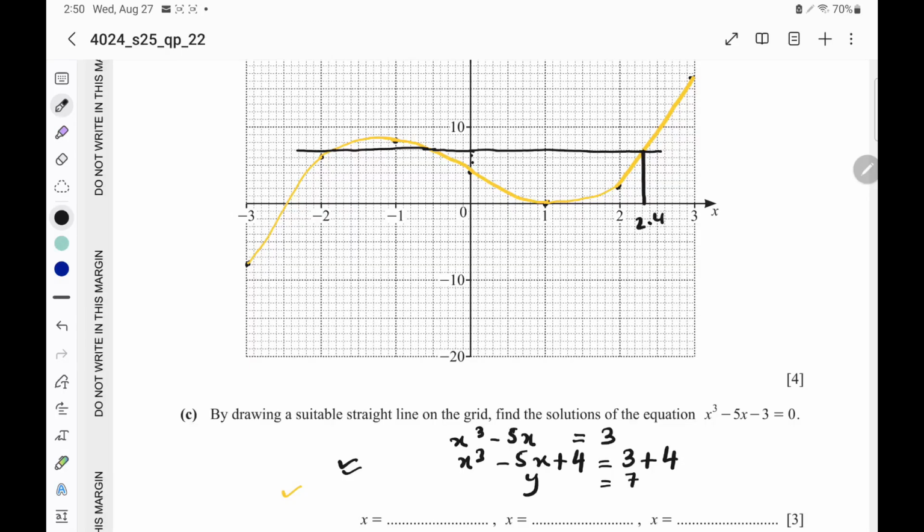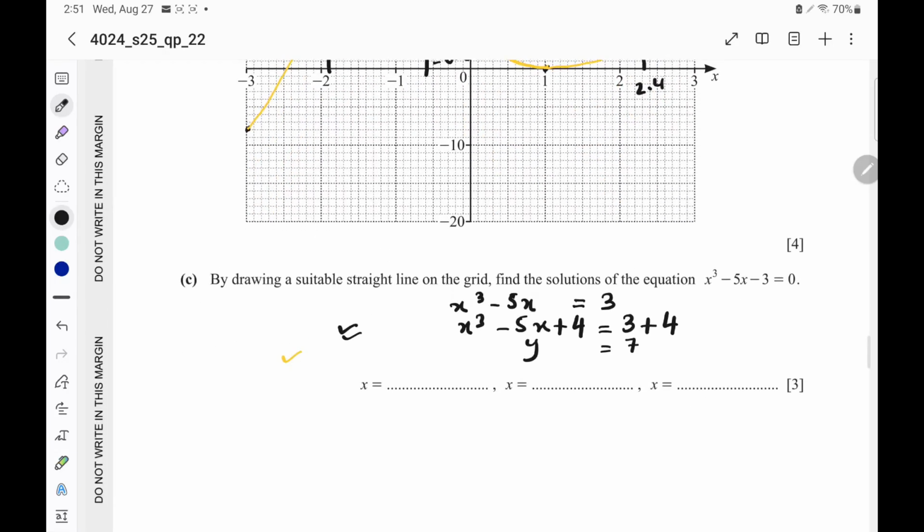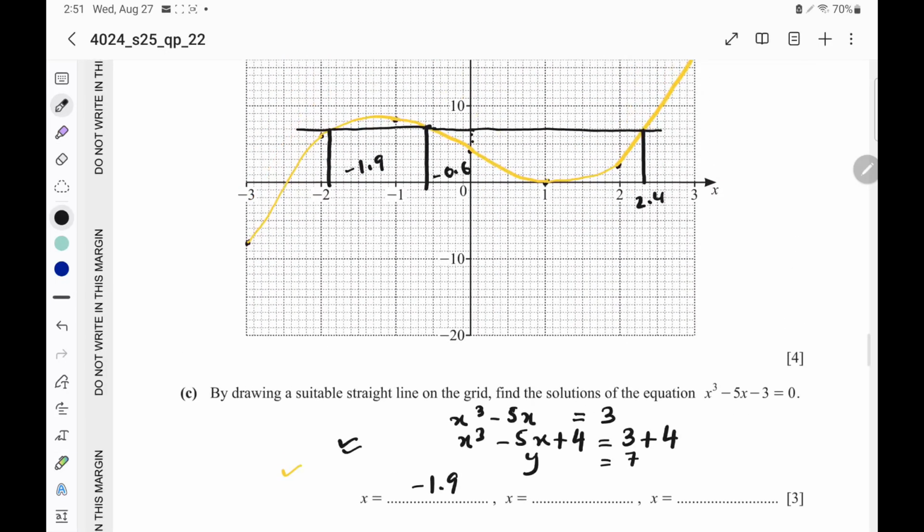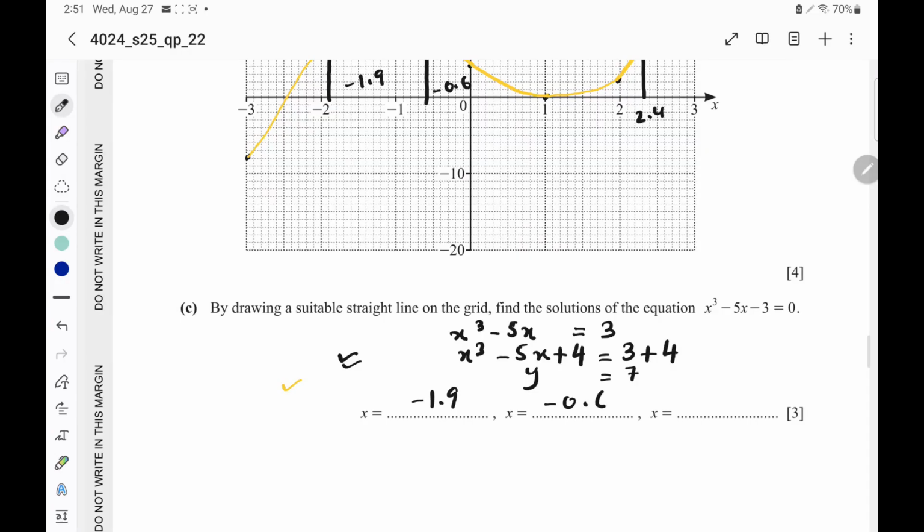And the line is intersecting here, so this is minus 0.6, and the line is also intersecting at this much, minus 1.9. So the answers are minus 1.9, minus 0.6 and 2.4.